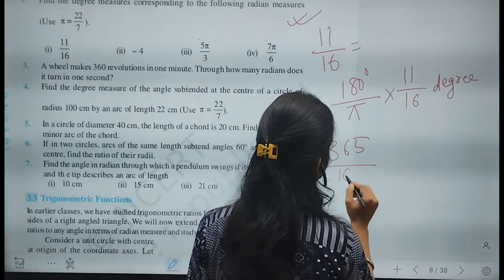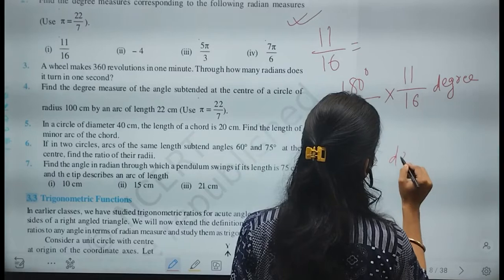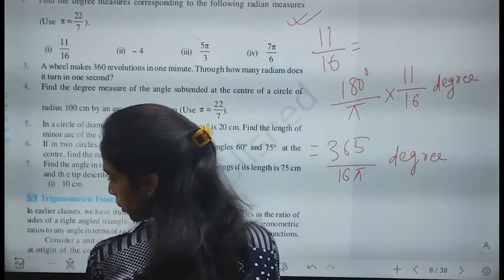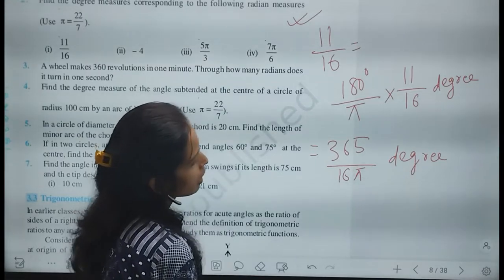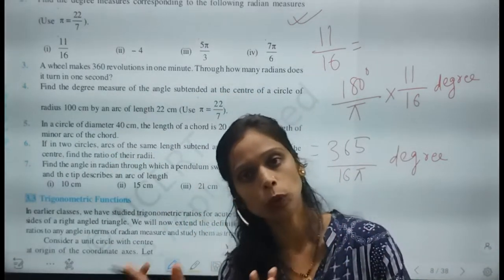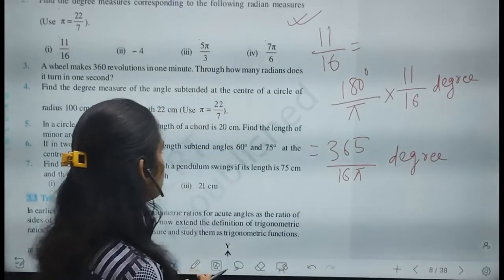This is the way to convert a radian into a degree.